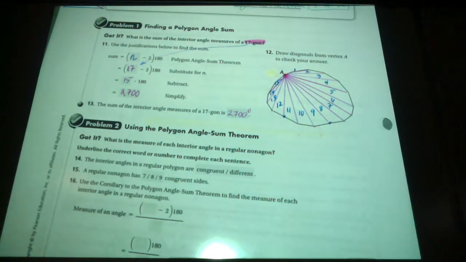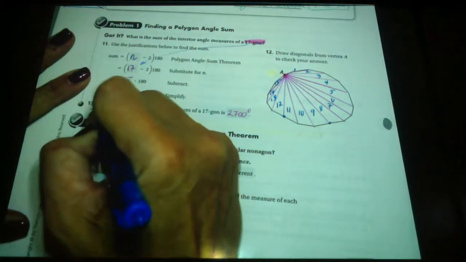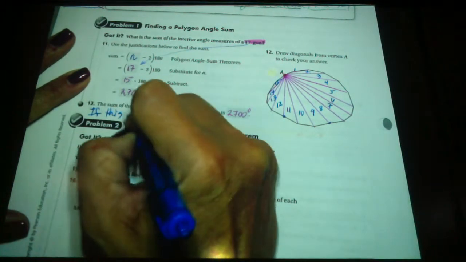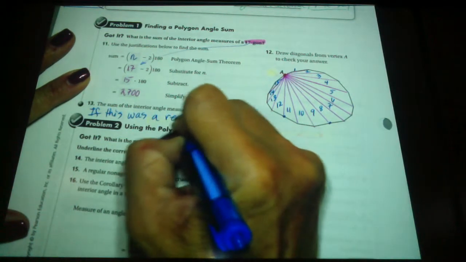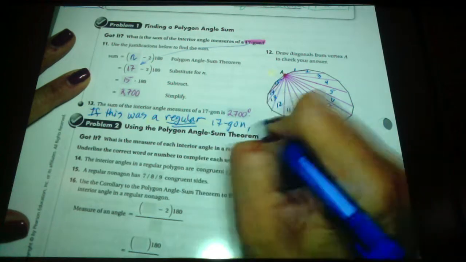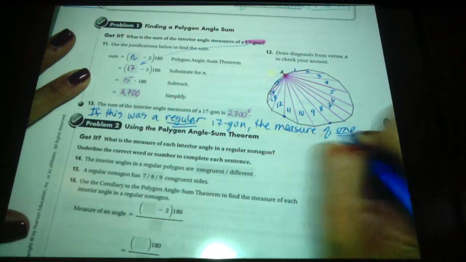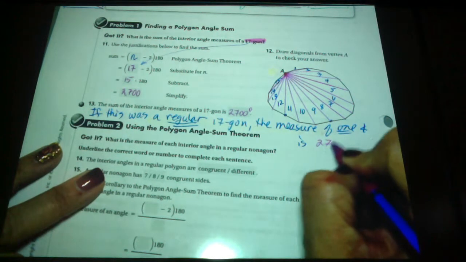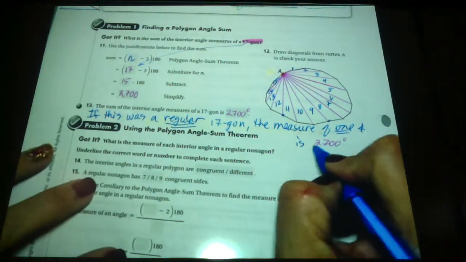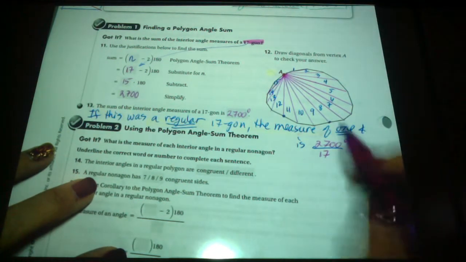Now, if this were a regular 17-gon, the measure of one angle is, take that 2,700 that we just came up with and divide it by how many sides? 17. So if you would please do that for me.